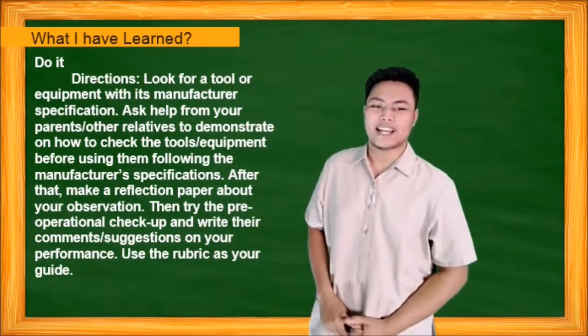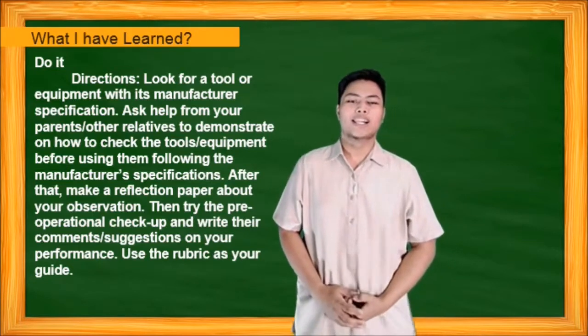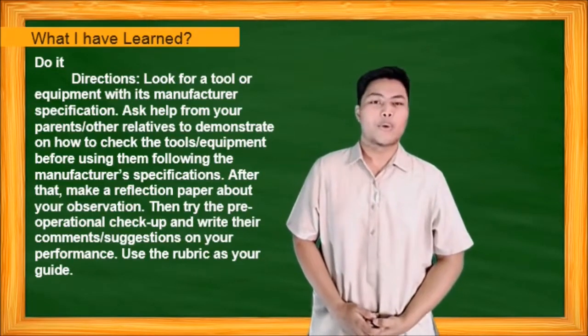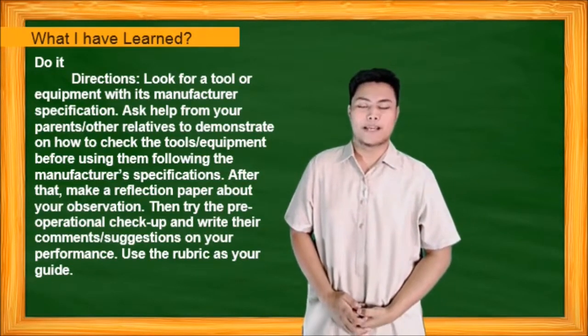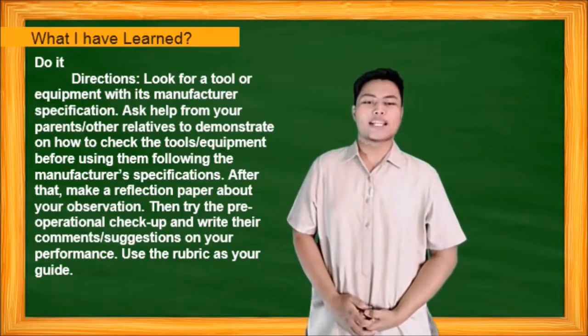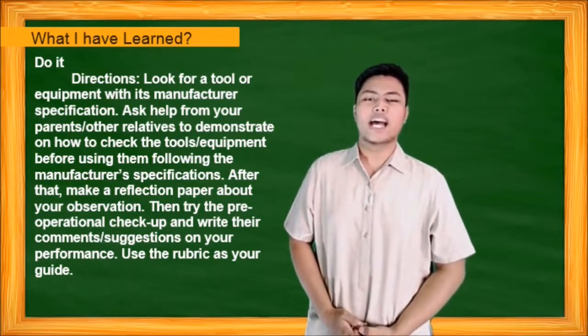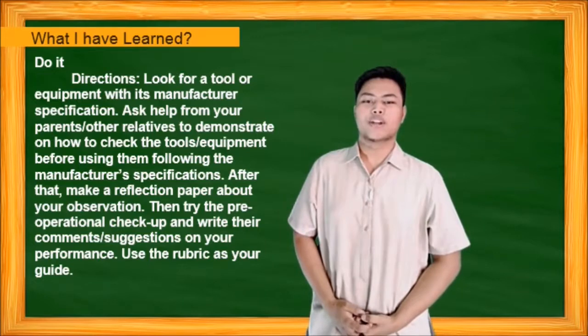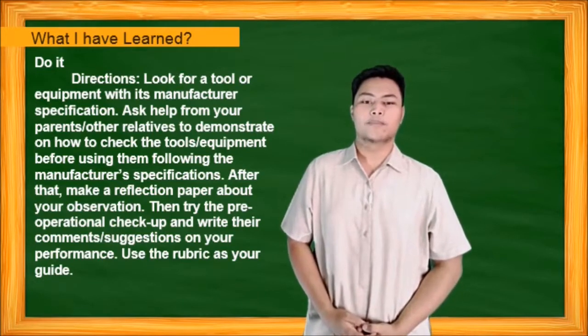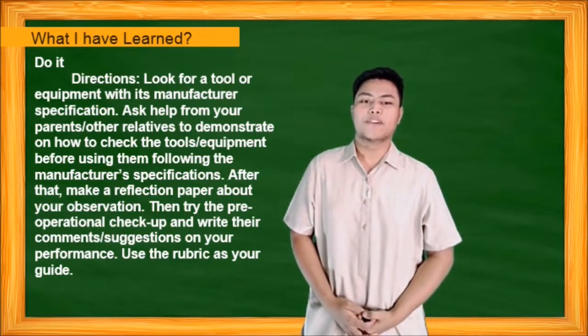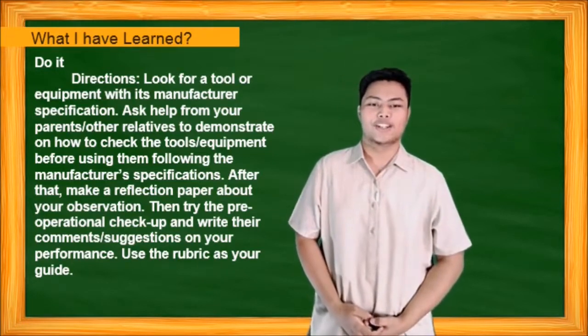Let's have this activity. So you will look for a tool or equipment with its manufacturer's specification. You need to ask help from your parents or other relatives to demonstrate to you how to check these farm tools and equipment before using them following the manufacturer's specifications.